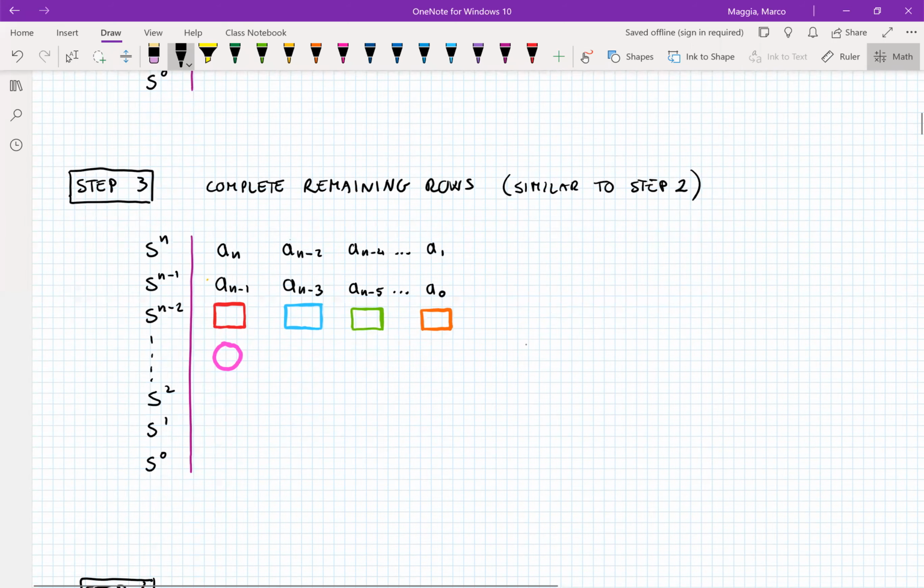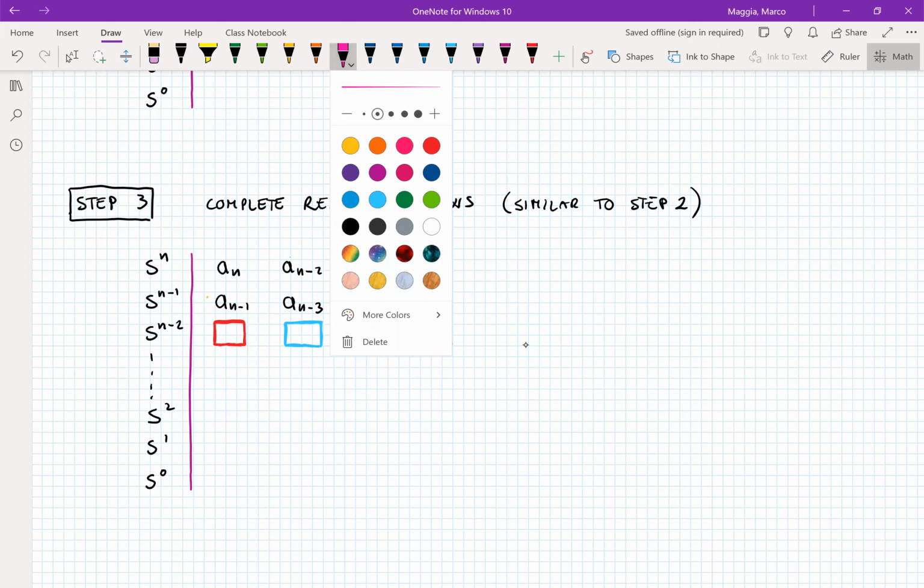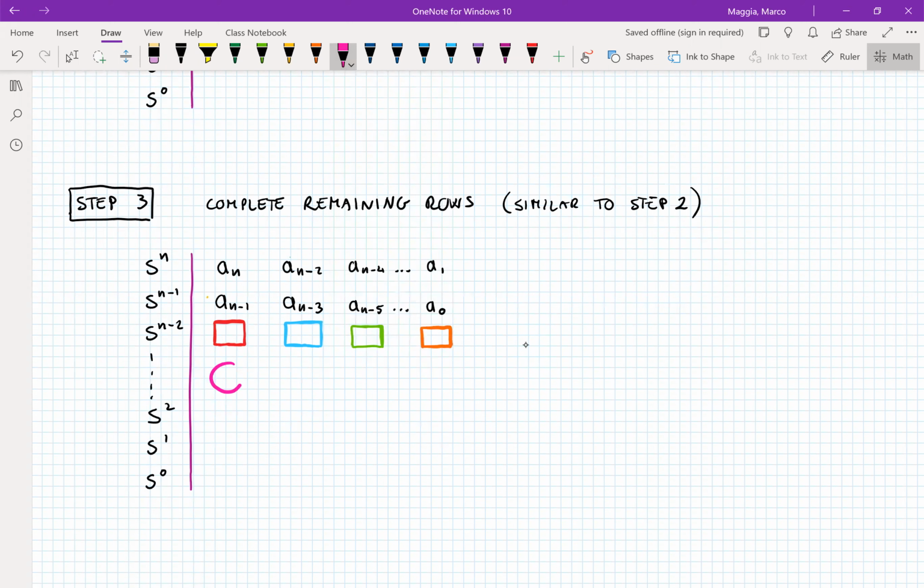So in this case, we have this purple circle, and we use the same tactic, always the figure 8, always considering 4 coefficients belonging to the 2 rows above, always considering the first column and then the column to the right of the element that we want to compute.